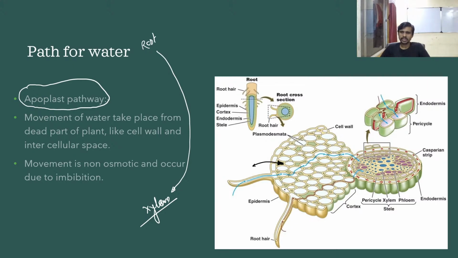The cell wall of a plant is also dead. When water enters into the hair cell, it donates this water to the back side of the cell, and if you see here, this red line of water is moving only through the dead part, only until the endodermis. After the endodermis, this pathway will not work.